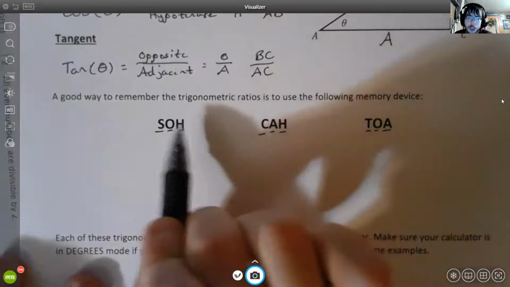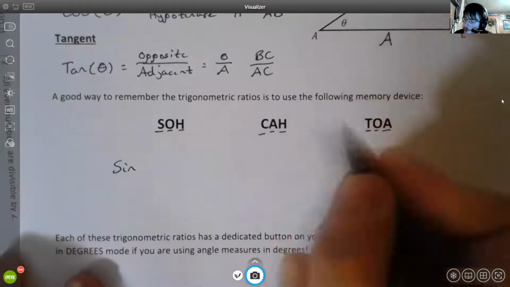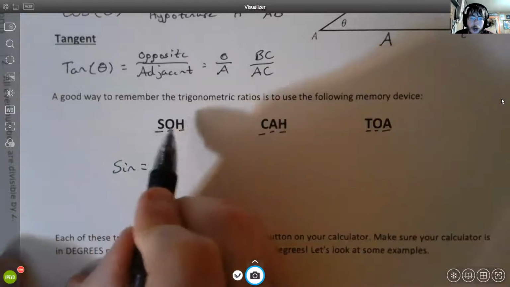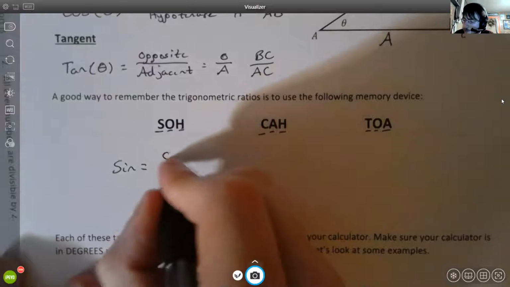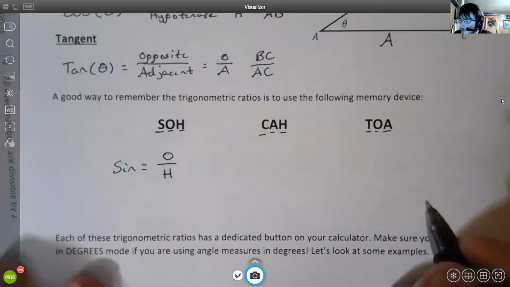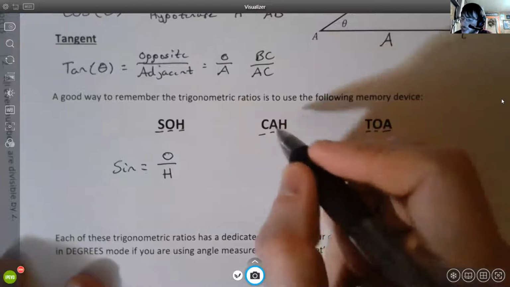So first off, SOHCAHTOA, that means the S stands for sine, and that's equal to O over H. Next up is CAH.